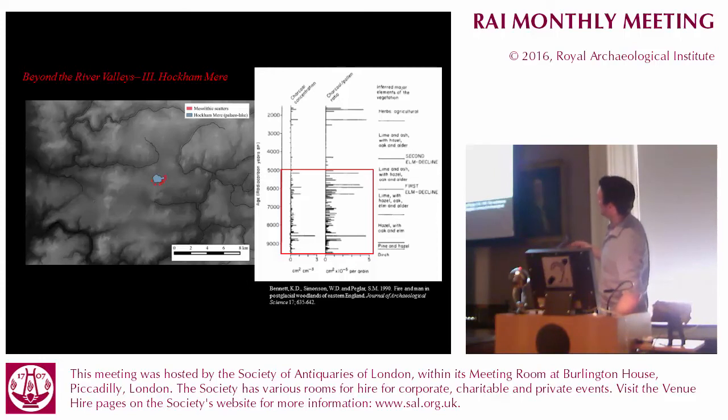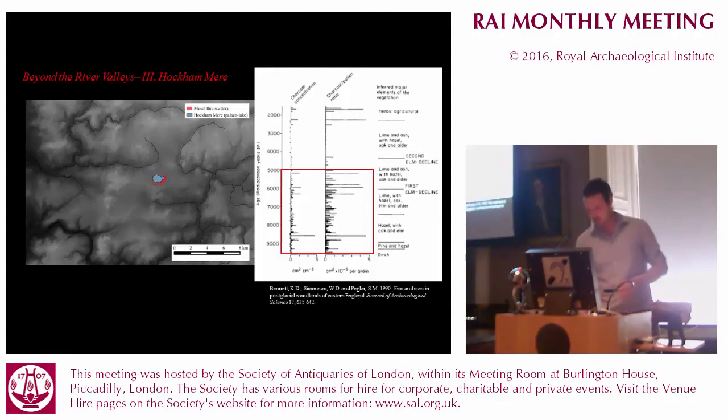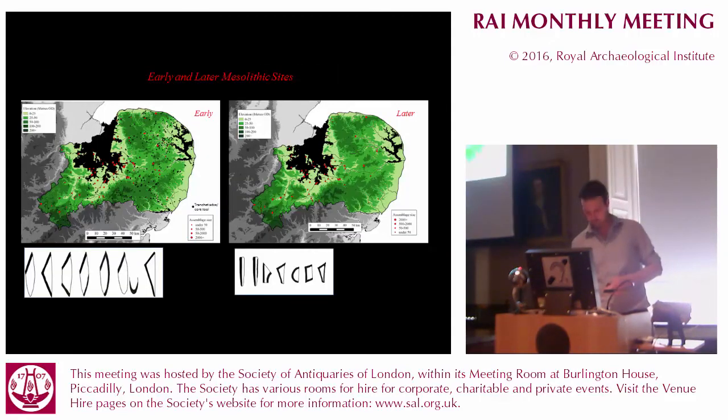But here at Hockham we've got extensive lithic scatters around the old lake shore, and the environmental sequence from Hockham contains abundant microcharcoal, which is restricted to the Mesolithic horizons of the sequence, and seems to indicate either extensive settlement with campfires nearby, or perhaps more probably burning off of reed vegetation and manipulating the environment. So we might be seeing similar activities to some extent carrying on in some of these upland locations as we saw in the riverine sites.